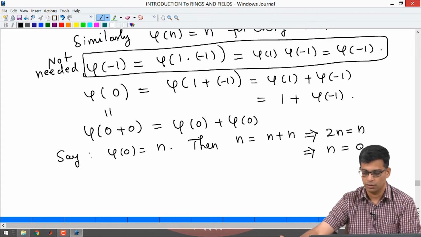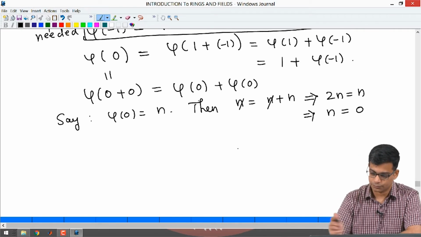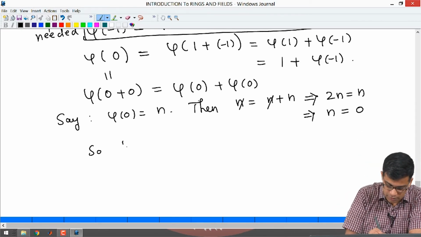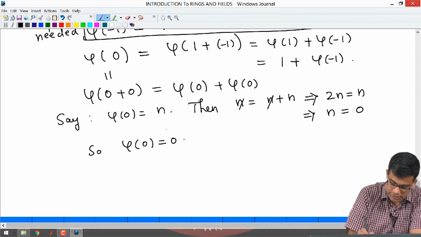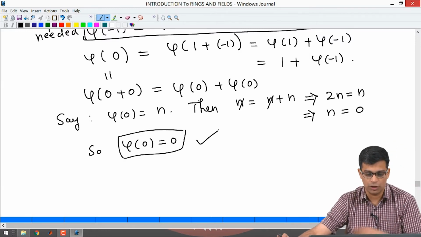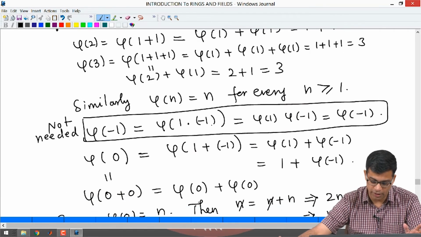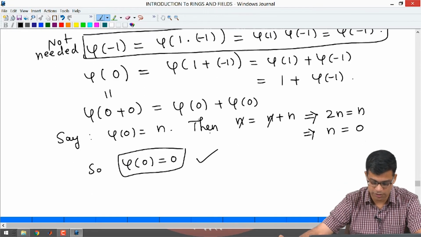In other words, all we are doing is cancelling that. So, n is equal to 0. That means phi of 0 is 0. This I should have said first. Phi of 0 is 0 once you have the property that phi of a plus b is equal to phi of a plus phi of b.